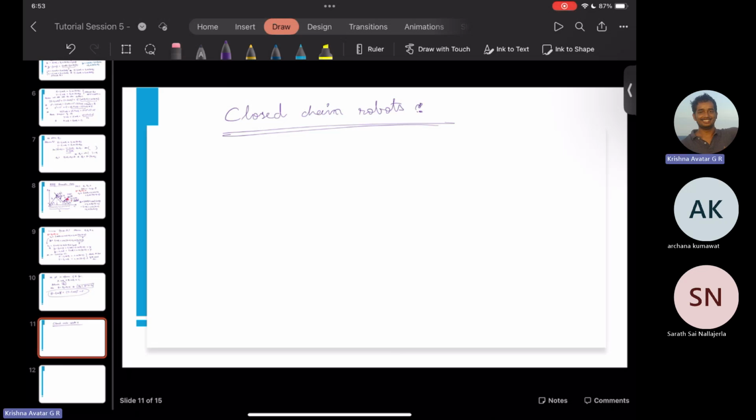I know it's a mouthful, so let me draw. I'm just drawing some generic figure, some arbitrary structure, right?